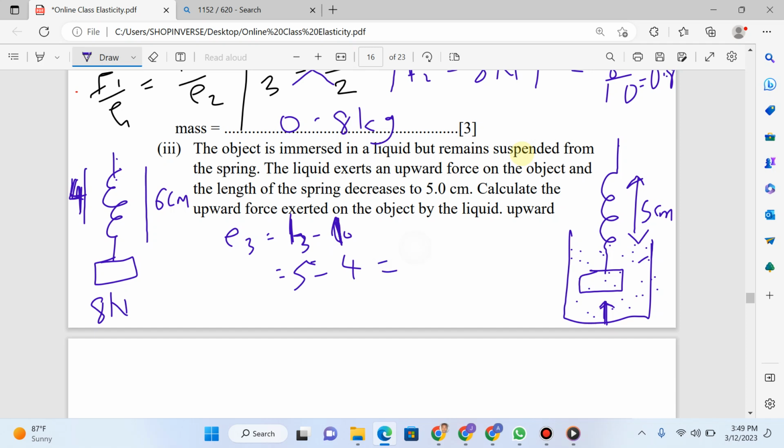So 5 minus 4 gives 1 cm. That will be the extension. Now, how do you get the force due to this 1 cm extension? This is what we do.